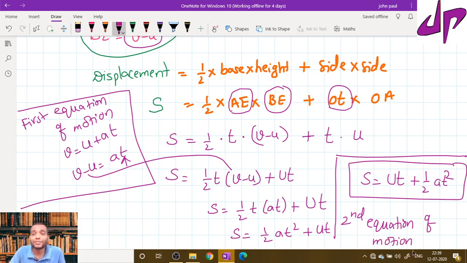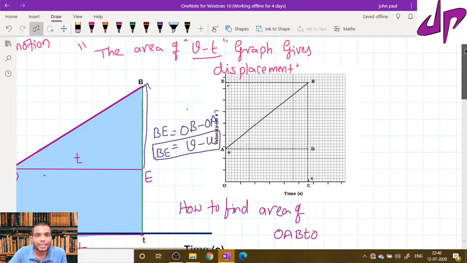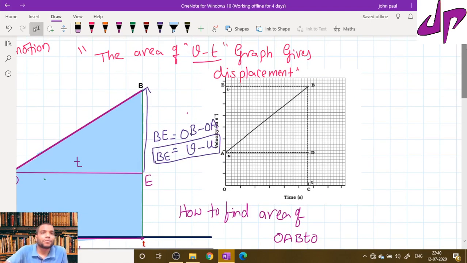The second equation of motion relates s, which stands for displacement, u, which stands for initial velocity, t, which is time, and a, which is acceleration. So how did we derive the second equation of motion? We should remember this statement: the area of a velocity-time graph gives displacement.